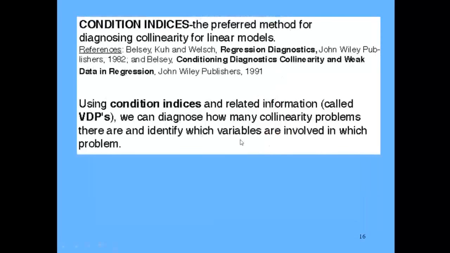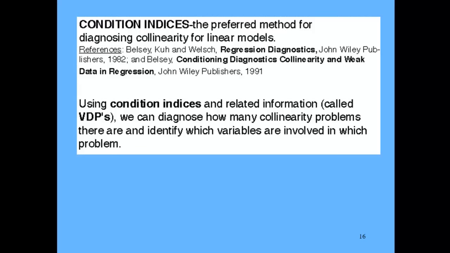So the other way to do it is to use what are called condition indices. That came out of a book by these 3 people, Belsley, Kuh, and Welsch, a book that they spent I don't know how many years writing, Regression Diagnostics, and primarily this whole book dealt with linear regression. When are you going to wind up having a problem where the model doesn't fit well because of collinearity?